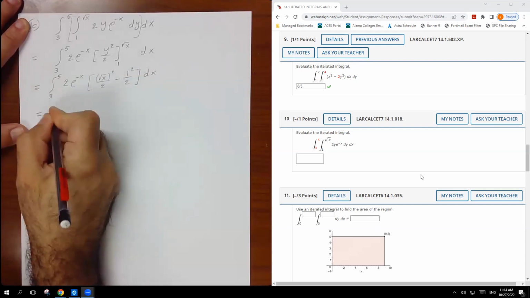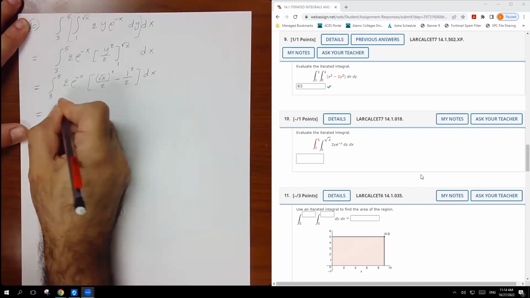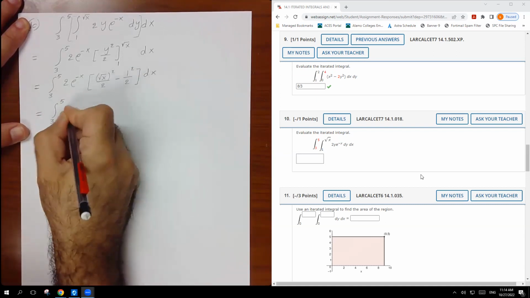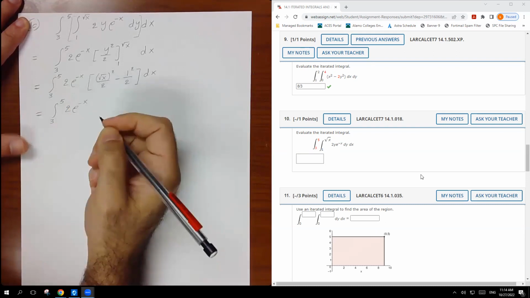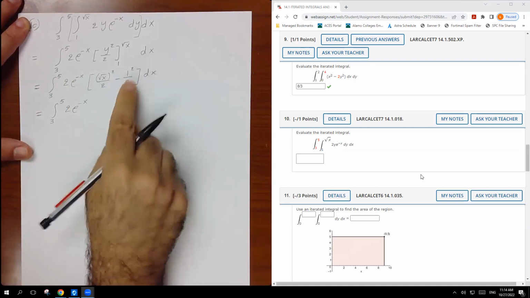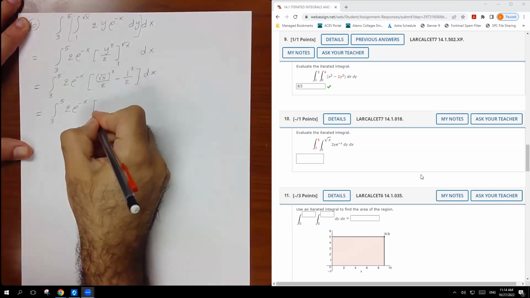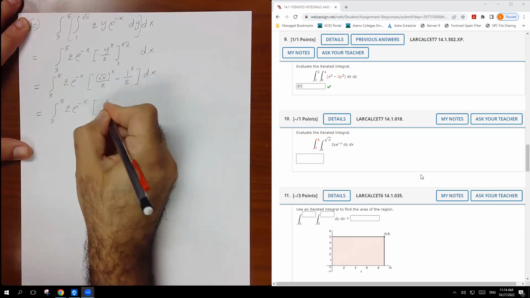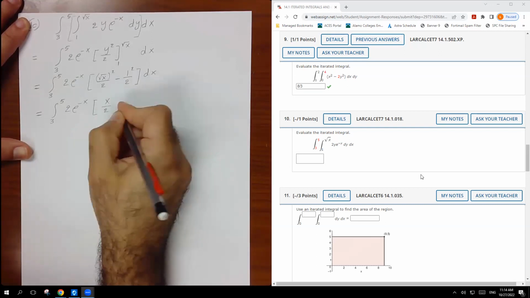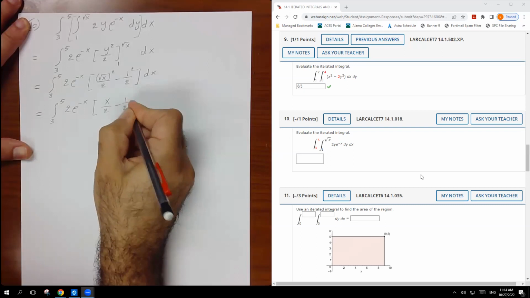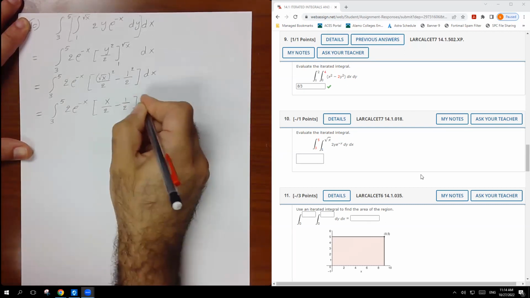And this one is going to be equal to the integral from 3 to 5 of e to the negative x times x over 2 minus 1 over 2, dx.